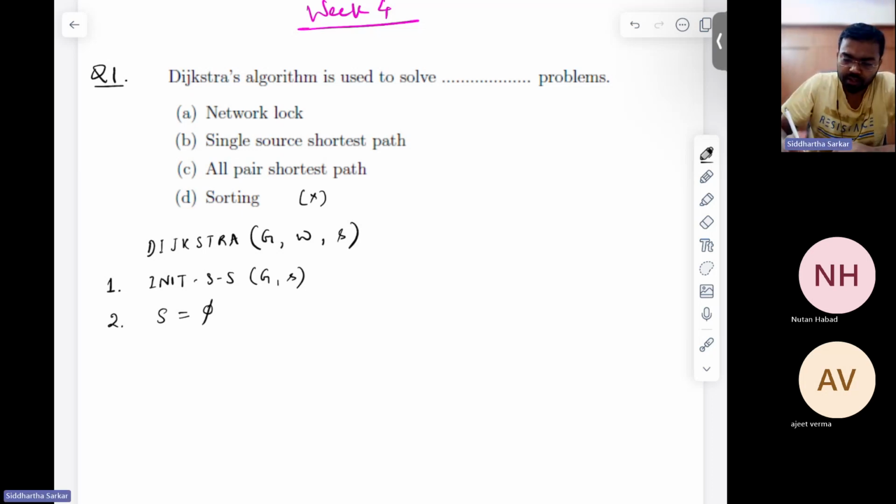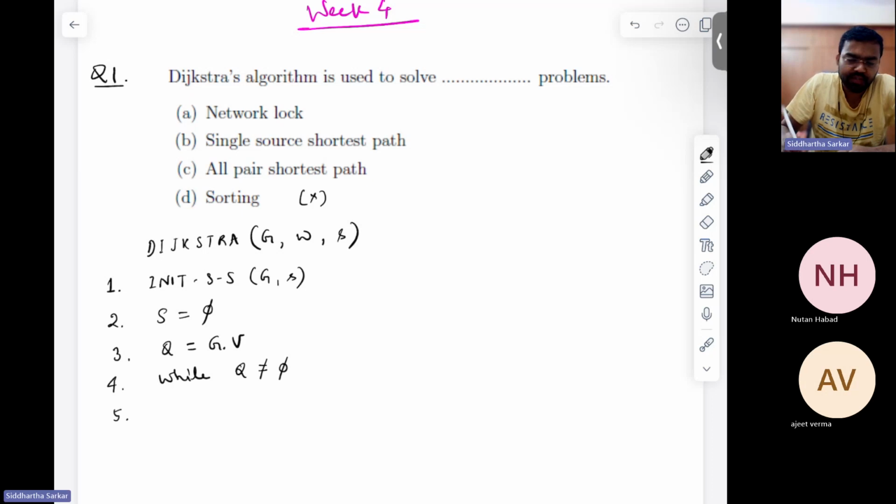And then you have a Q, which is initially the entire vertex set. Then you have a while loop, and the while loop runs as long as the Q is non-empty.